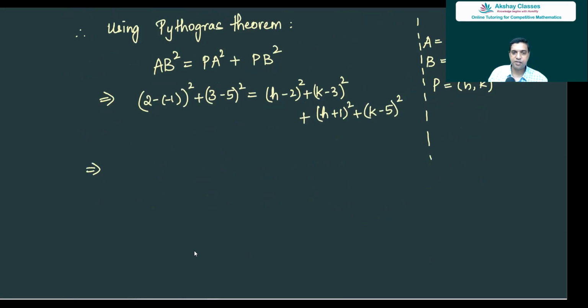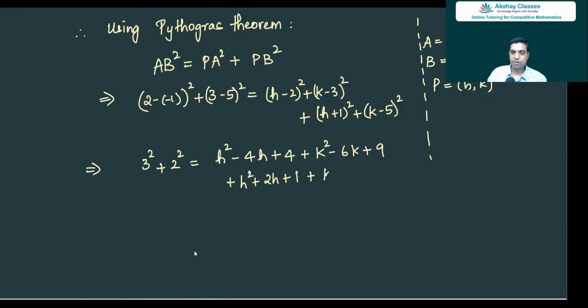Left hand side is 3 square plus 2 square. And here we can expand this. h square minus 4h plus 4, plus k square minus 6k plus 9, plus h square plus 2h plus 1, plus k square minus 10k plus 25.